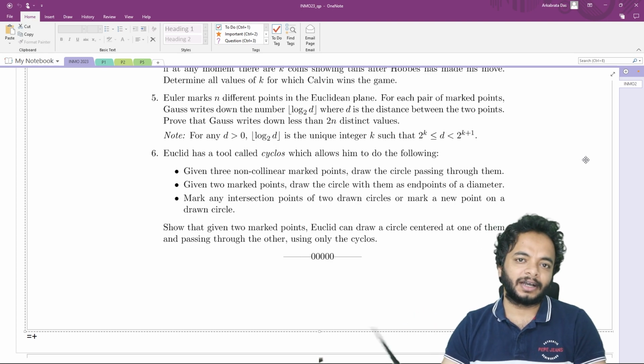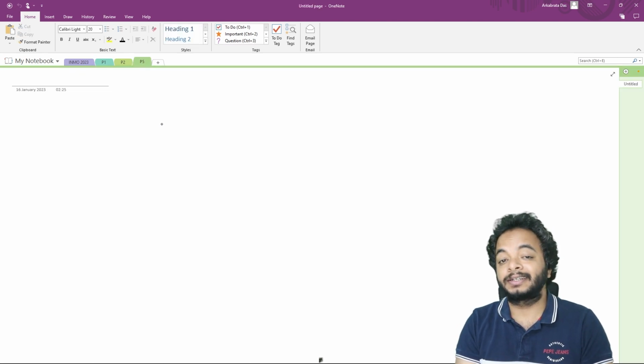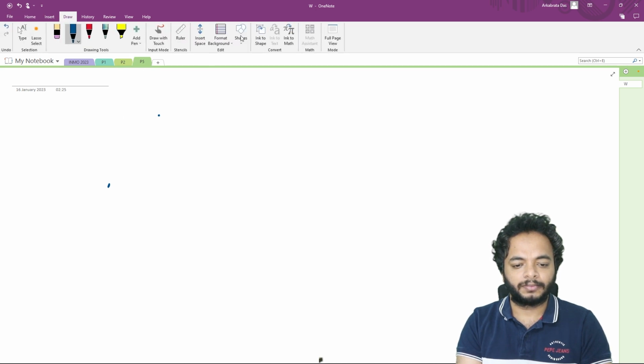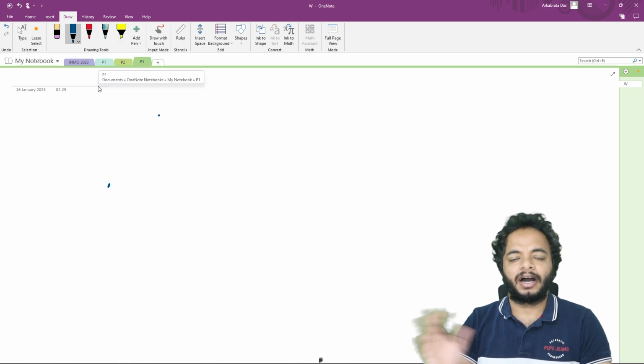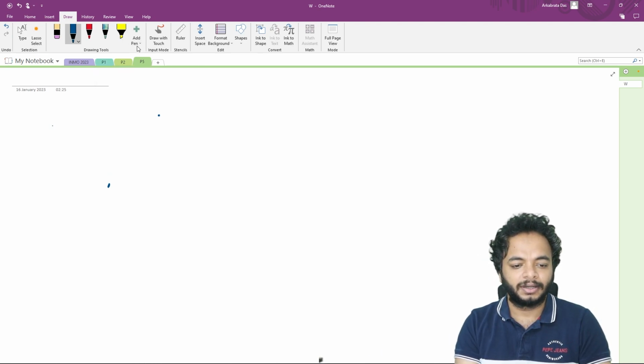Since we are just concerned with the distinct integers, we would just take any 2 points which are giving that distance. So we just mark 2 points which are giving that distance.